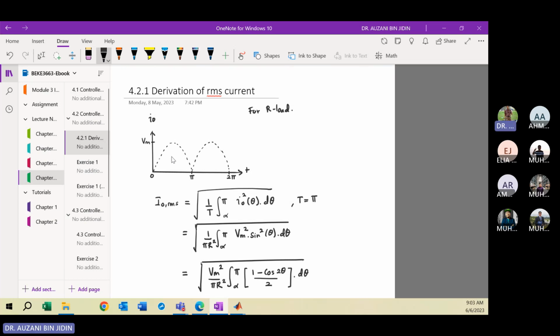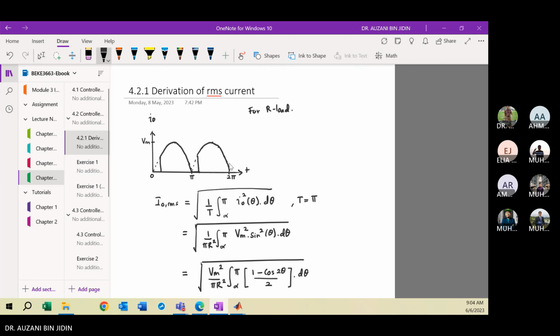The SCR S1 and S2 will conduct at this point, so your VO will be equal to VS. Then they turn off and your VO will be 0. Then at this point, S3 and S4 will conduct.